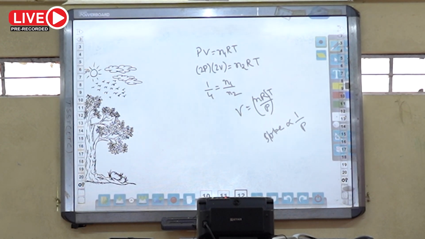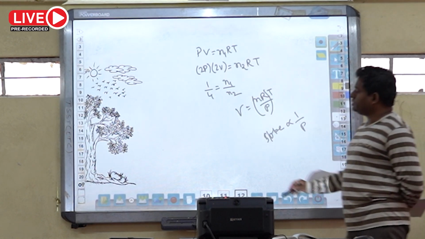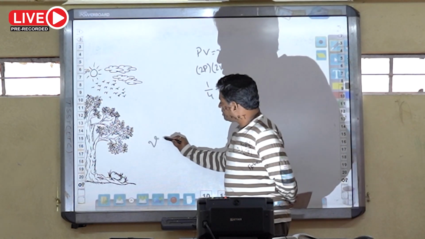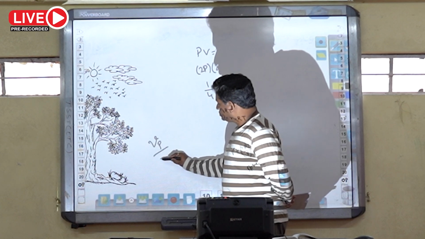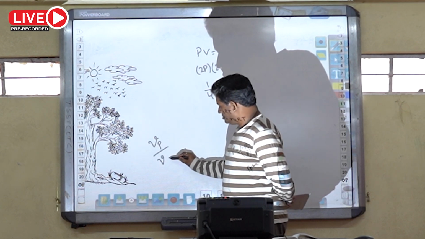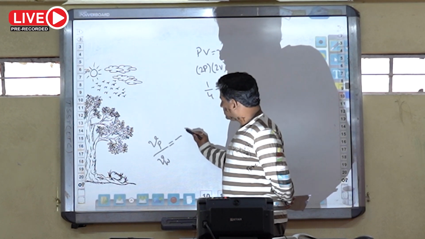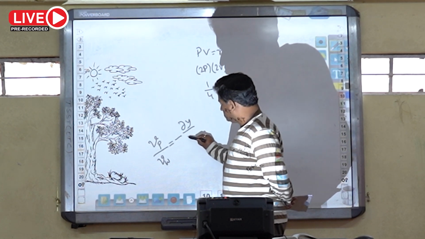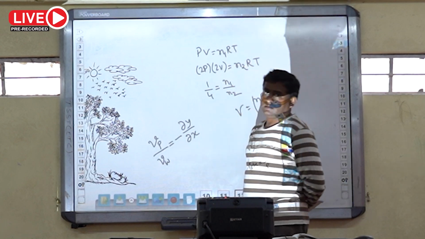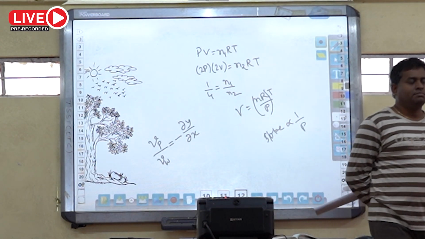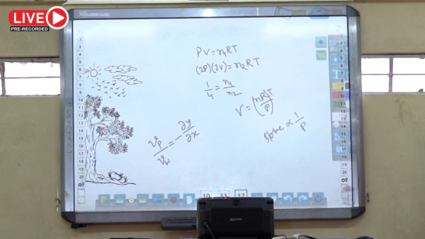What is the slope of the wave curve? How is it related to the velocity? Because we know that the velocity of the particle by the velocity of the wave, Vp by Vw, is equal to the negative slope of the wave curve.